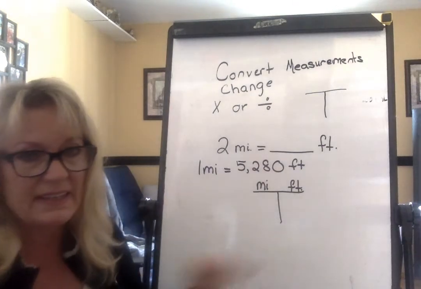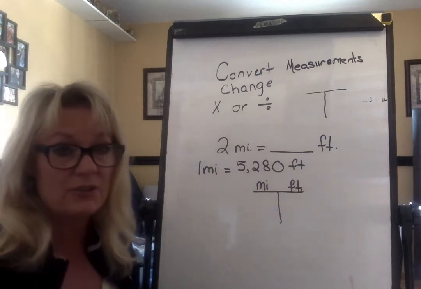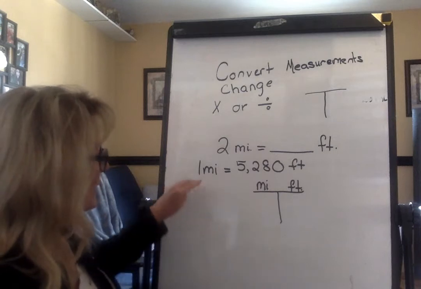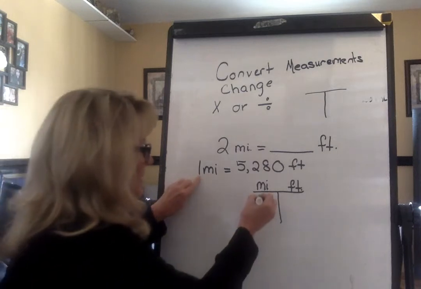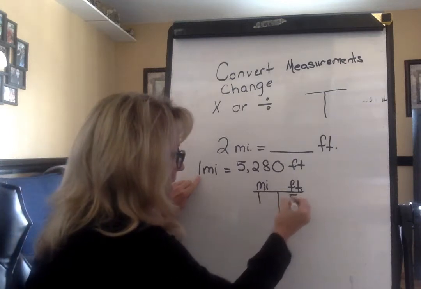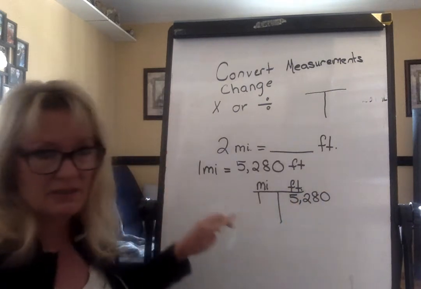And I'm going to give you just a second. I'll slow down so that you can do exactly what I've done. Miles into feet. Okay. So now I'm going to put in what I do know. I know that if I have 1 mile, it's the same as having 5,280 feet. Okay.